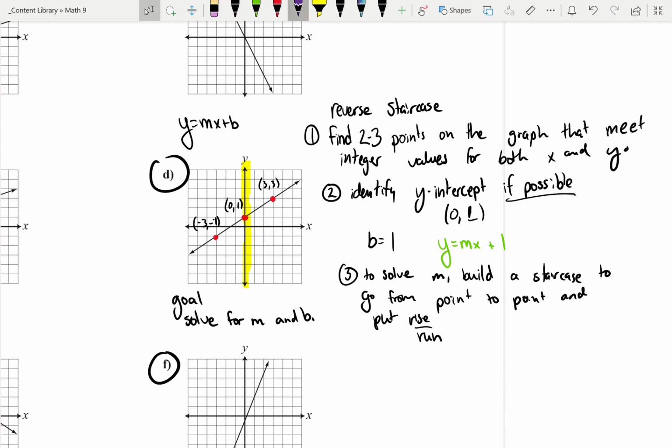So in this case, I'm going to go from this point here to this point here, and from this one to this one. So I'm basically building this reverse staircase to see how far I go over and up.